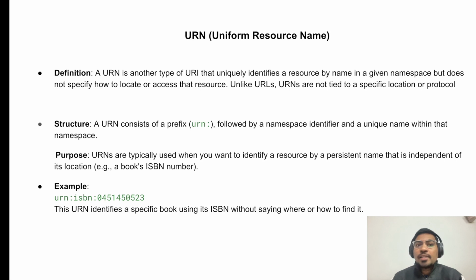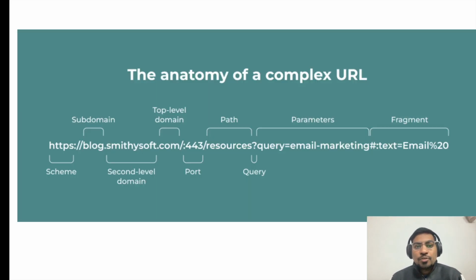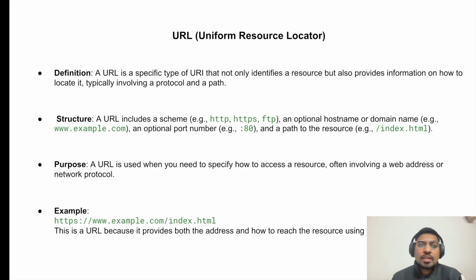But a URL always provides the name, the complete URL, and it also provides the location where it is preserved. So a URL consists of HTTP, meaning its protocol, the host name, and then the path name, port number, or resource file.